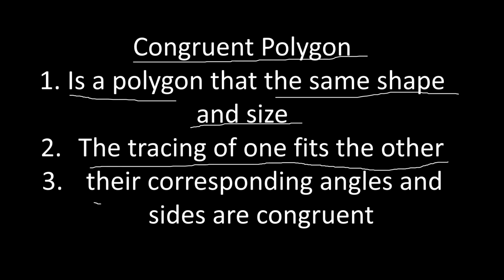And third, their corresponding angles and sides are congruent. Remember that a congruent polygon has the same shape and size. The tracing of one fits the other. Their corresponding angles and sides are congruent.